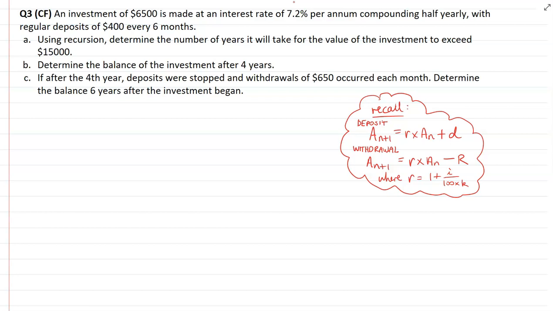Firstly, we've got to use recursion to determine the number of years it will take for the value of the investment to exceed $15,000. Secondly, determine the balance of the investment after 4 years. Both A and B will be considering the deposit phase. And then lastly, after the 4th year, deposits were stopped and then withdrawals of $650 occurred every month. Determine the balance 6 years after the investment began, and this clearly considers the withdrawal phase of an investment.